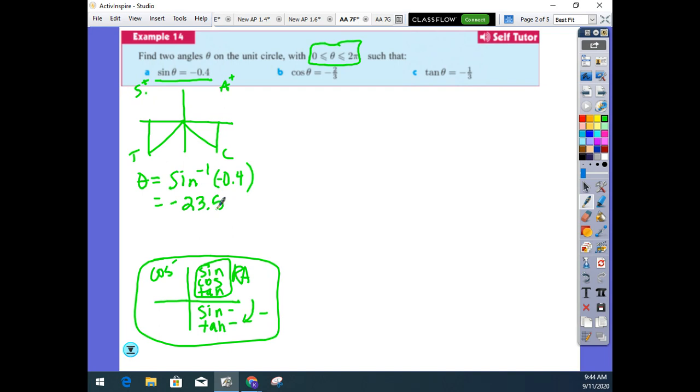What that's telling me is this angle here is 23.5. Now, the negative just means it's going backwards into the fourth because that's where we put sine. So our reference angle is always positive 23. Reference angles are always positive.